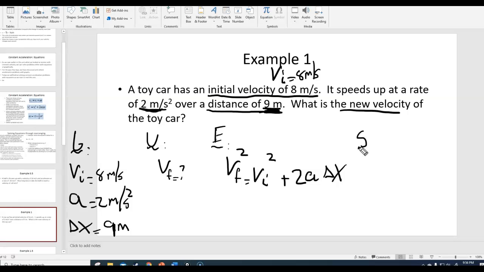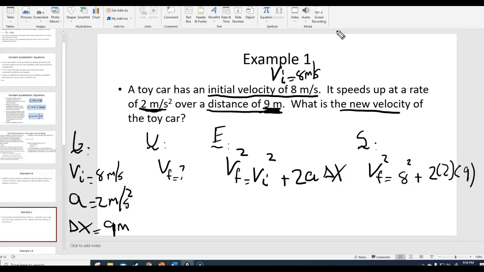And now I substitute. I plug in. V final is unknown, so I just leave that in the equation. V initial is 8, and then the equation says I have to square that, plus 2 times A, the acceleration, that was 2 meters per second squared. As you're plugging in, by the way, please don't feel like you need to plug units into the equation, just plug the values in. And then delta x is 9.